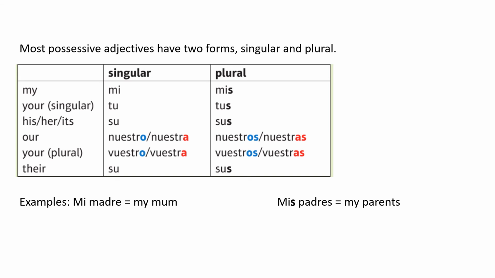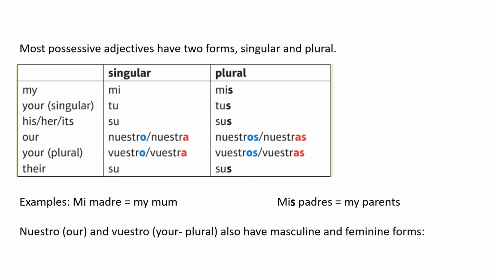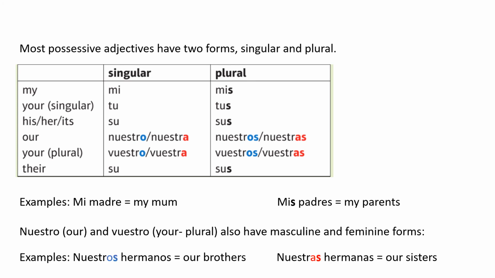What you will have noticed now from our table is that nuestro, meaning our, and vuestro, meaning your, plural, also have masculine and feminine forms. So let's look at these in action. Nuestros hermanos means our brothers, and it's nuestros, the S on the end because our noun is plural, hermanos, and also os, because hermanos is masculine.